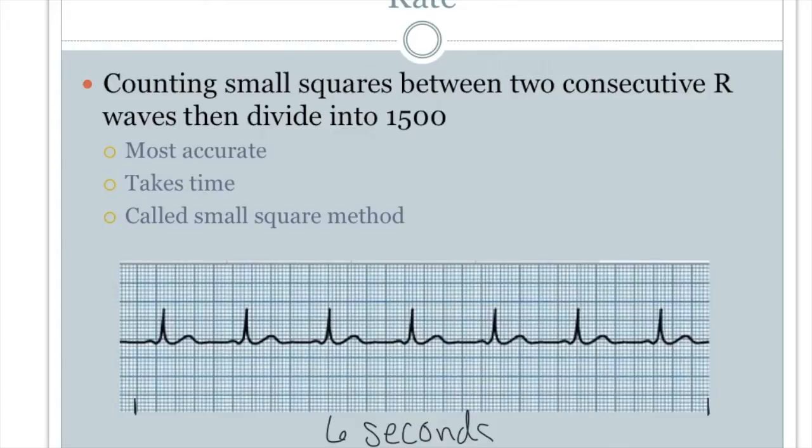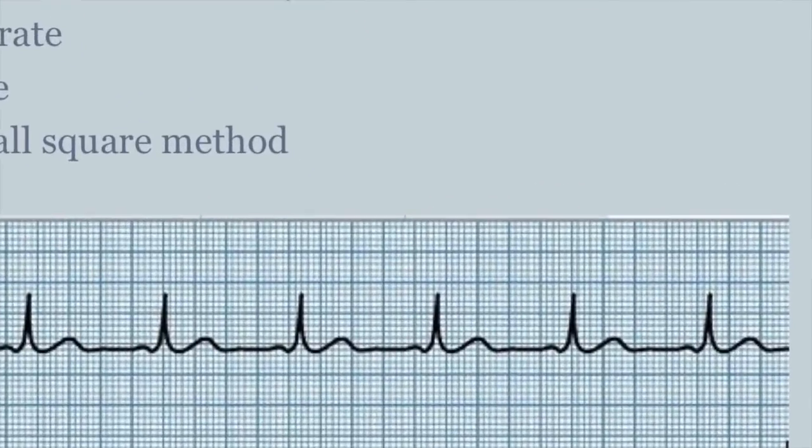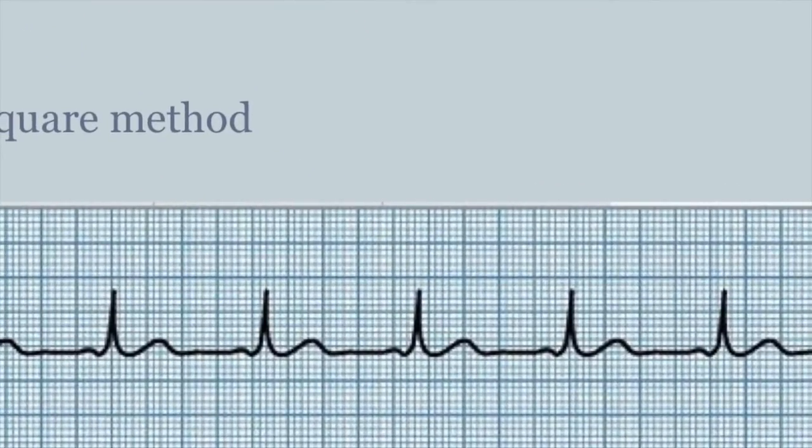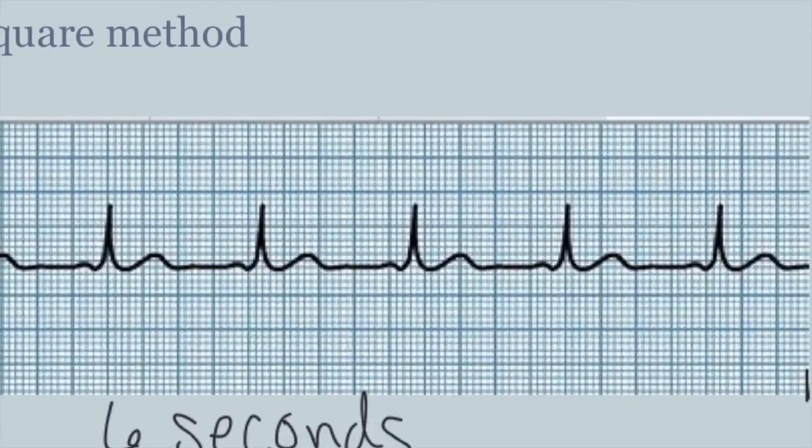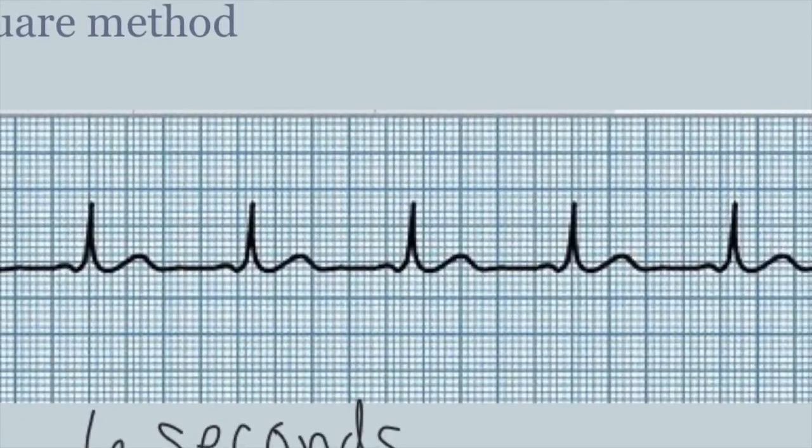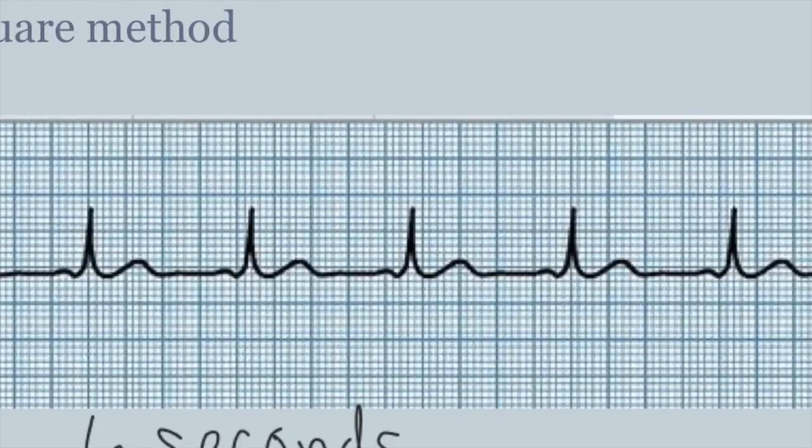Okay, so now we're going to count the small squares. And for my visualization, I am going to get this a little bit closer so that we can see the little boxes in between. So we're going to count each of the little boxes, and I'm going to use this one right here, and we're going to count to this one right here.